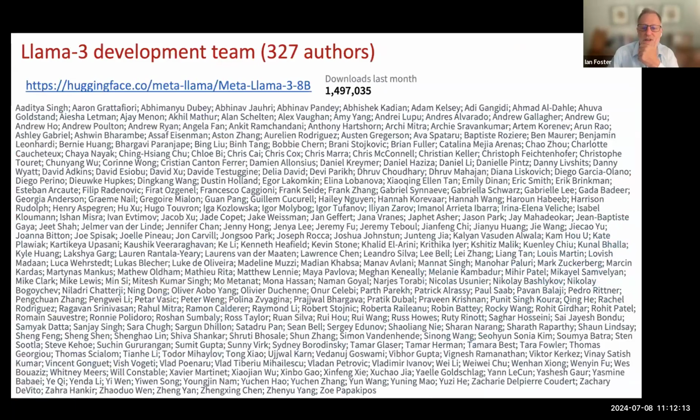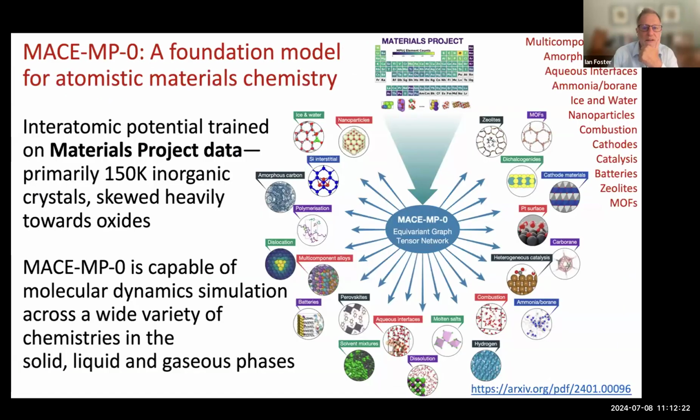And this is the paper that describes it, with 327 authors. So it's interesting to compare the scale of effort that's underway in industry. Here's a very nice piece of work, I think. A group trained a foundation model on data from the Materials Project, which is a lot of computed data on various molecules, particularly inorganic crystals, and the resulting model is being used for molecular dynamics simulations.